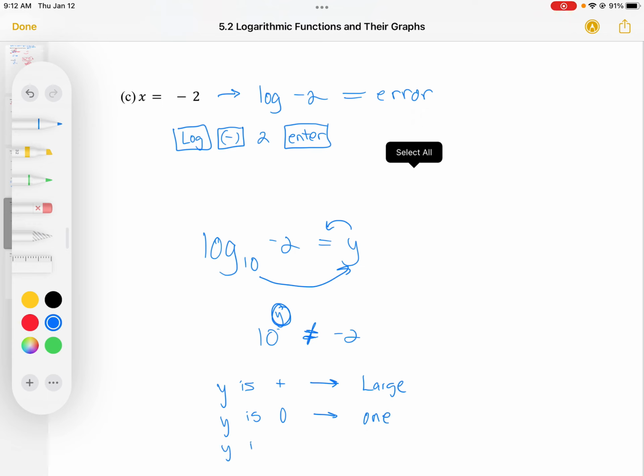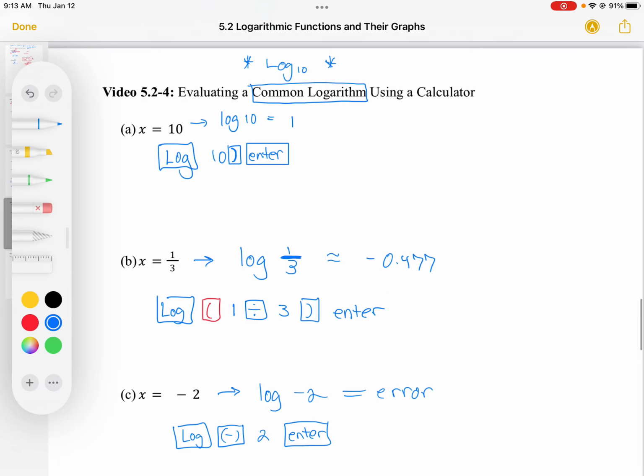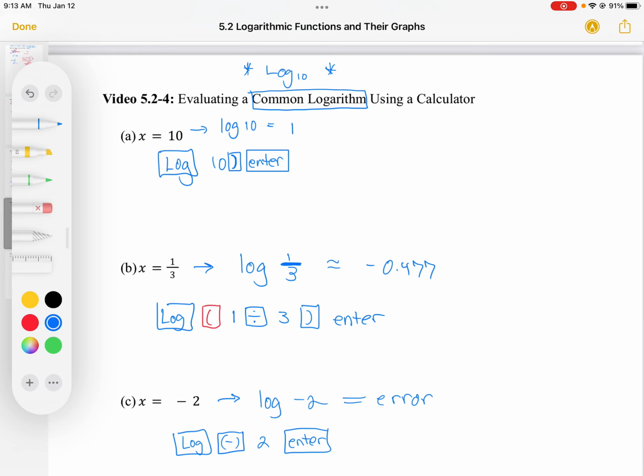If y is negative, we get fractions. We get really small numbers, right? 10 to the power of -3 is 1 over 1,000. So there is no possible way we can get a negative answer from using a positive base. Okay, and that is how you evaluate a common logarithm using a TI calculator.